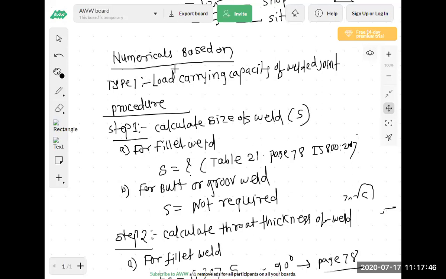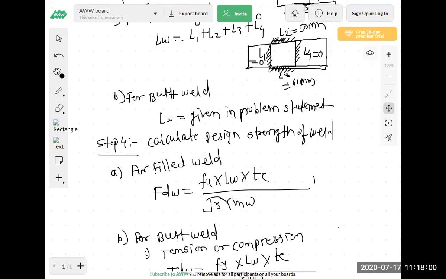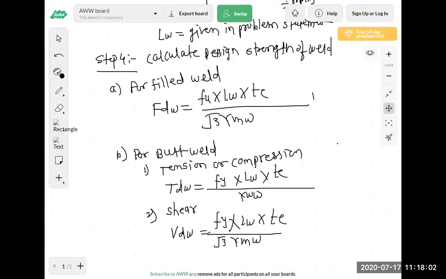Under this procedure we have seen 4 steps, and finally in step number 4 we calculated the design strength of the weld, that is the load carrying capacity. If a fillet weld is given, we use this formula, and if a butt weld is there, we use one of these 2 formulas. So now we will solve the examples.